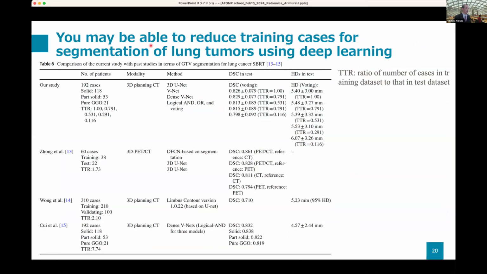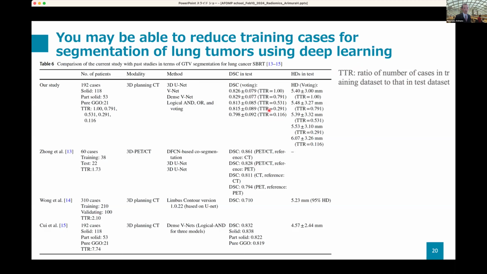You may be able to reduce training cases for segmentation of lung tumors during deep learning. We try to reduce the number of cases for segmentation using deep learning until the TTR is 0.116. TTR is the ratio of the number of cases in the training dataset to that in the test dataset.